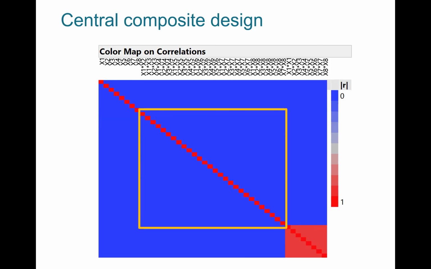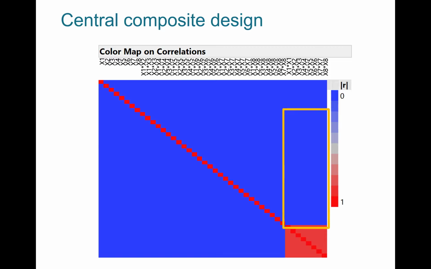That means that the interaction effects you can also estimate independently from each other, and you can estimate the interaction effects independently from the quadratic effects, because this part of the color map is also perfectly blue. So we have uncorrelated functions of the X's, and these functions of the X's are relevant for our response surface model.